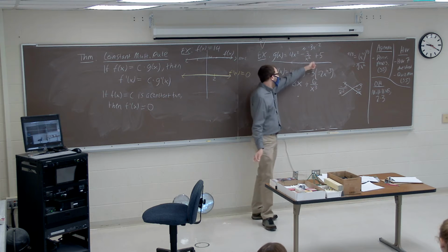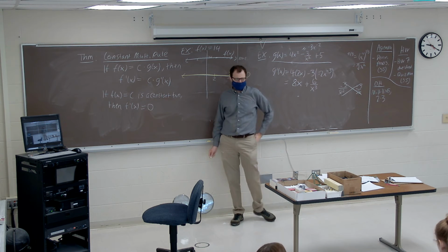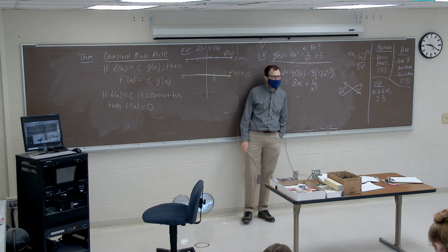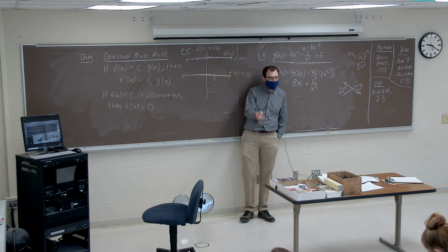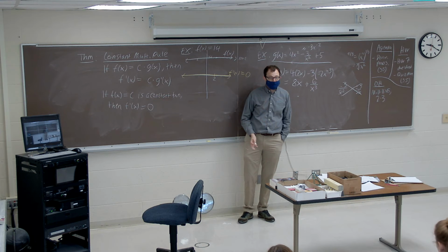So finally, how about this plus 5 term at the end? What happens when we differentiate that? It goes away because the derivative of a constant is 0. It's not going to be in our derivative function.